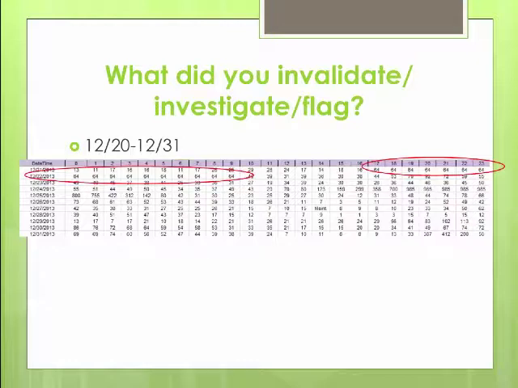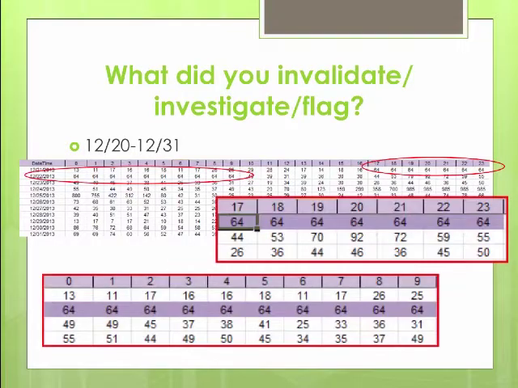What did we do with that data? Malfunction. Why was it a malfunction? Tape broke. How do we know that? It was in a logbook, right? So we have evidence to say that this was a tape breaking. So we invalidated it. Okay?